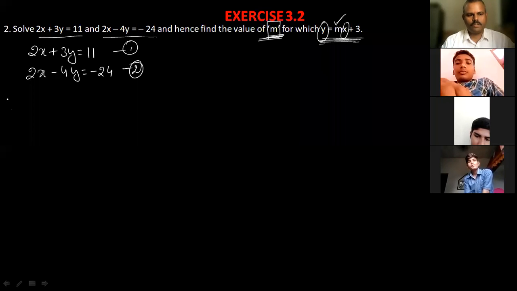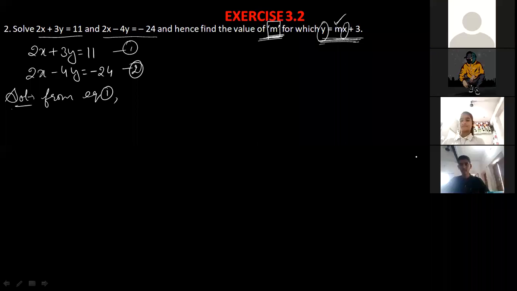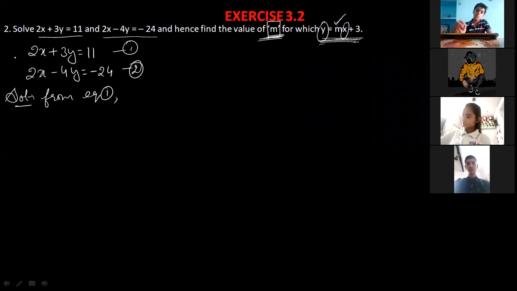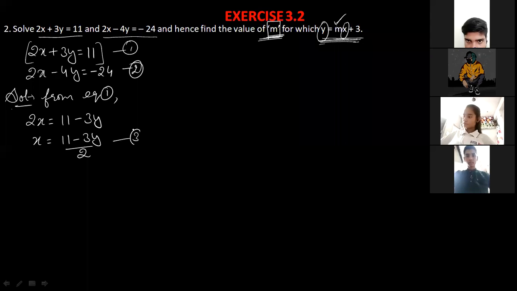So quickly solve this now. From equation 1, what do you have? 2x plus 3y is equal to 11. You'll calculate the value of x. Yes, sir. So 2x equals 11 minus 3y, and x equals (11 minus 3y) upon 2.